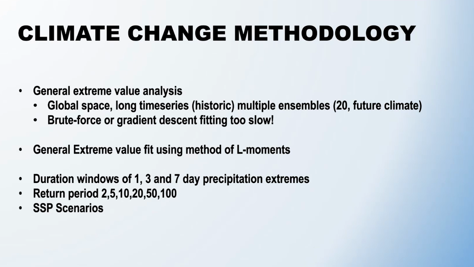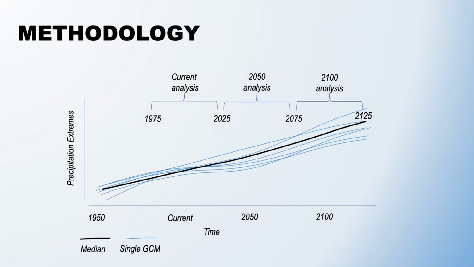Now we look at the whole ensemble so that we can also give some uncertainty ranges to those climate analysis outcomes, and look at various durations of precipitation extremes, 1, 3, 7, and 14 day, return periods between 2 and 100 years, and various SSP scenarios that we look at.